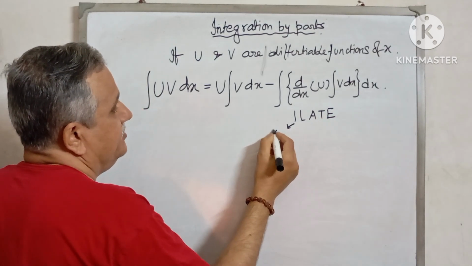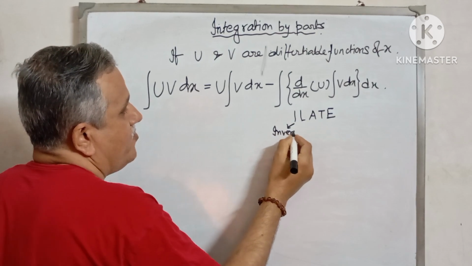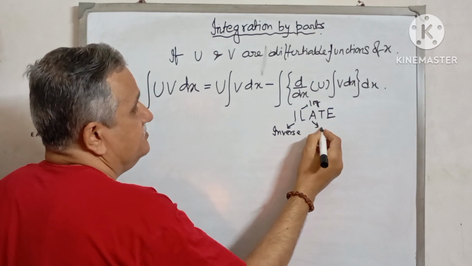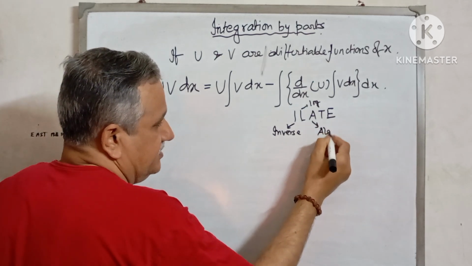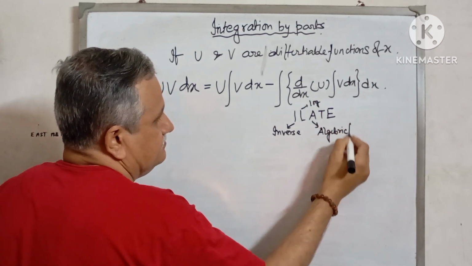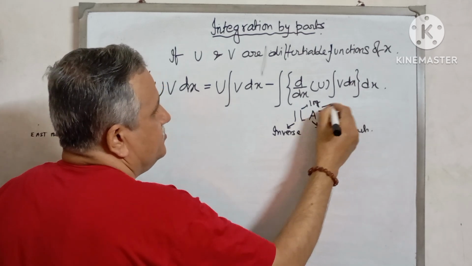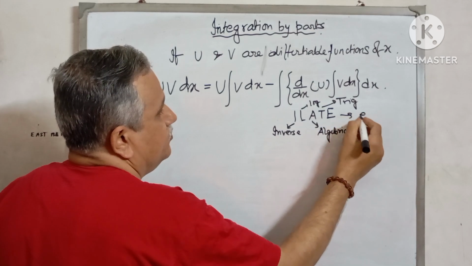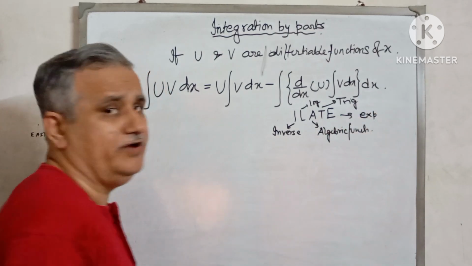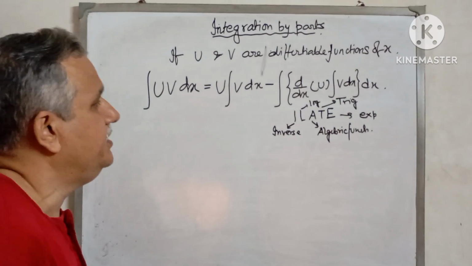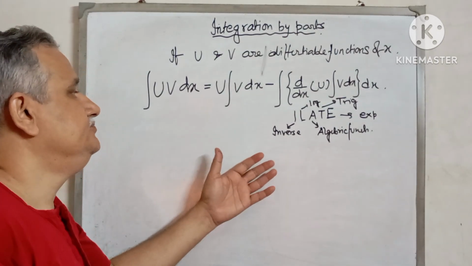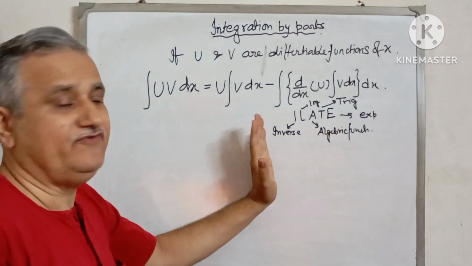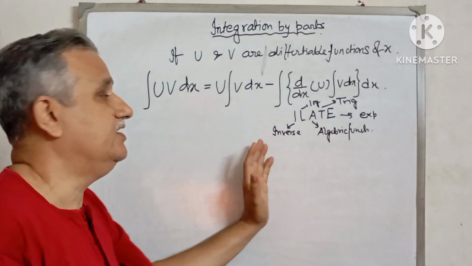I is inverse trigonometric function, L is the logarithm, A is the algebraic function, T is the trigonometric function, and E is the exponential function, that is e to the power x or a to the power x, and so on. Whichever function comes first in this order, we take as u, the first function.